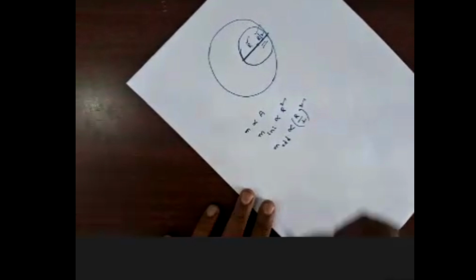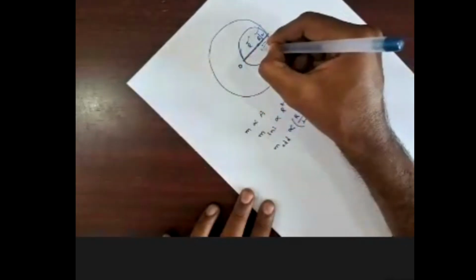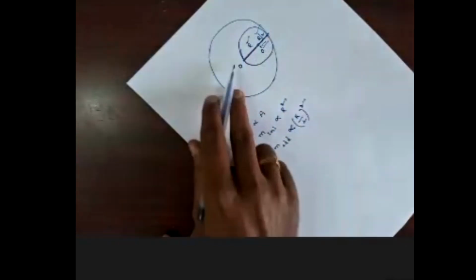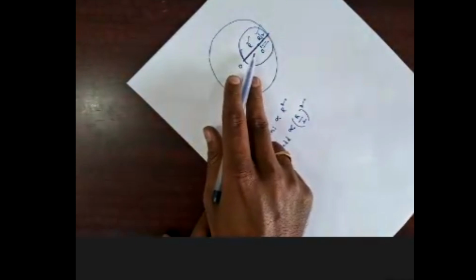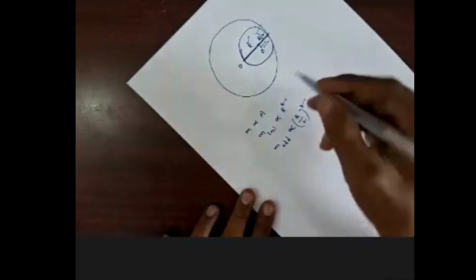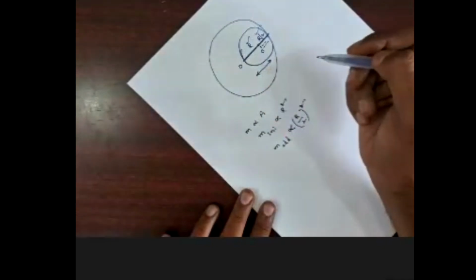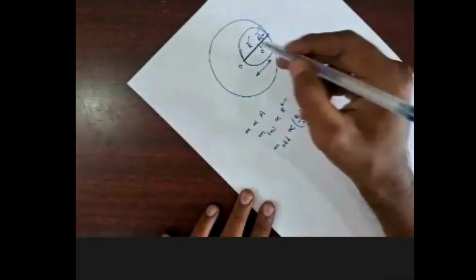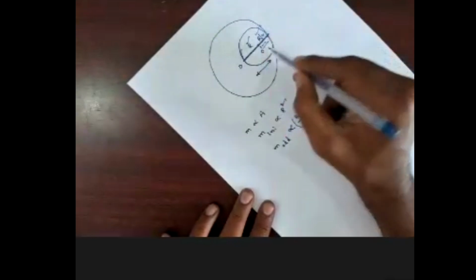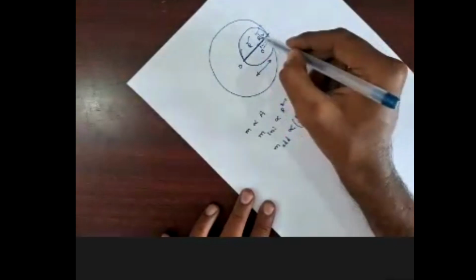Now I need to consider the shift in the center of mass. This is O and this is O dash. O is the initial center of mass, and O dash is the center of mass of the small circular plate. What is the distance between O and O dash? The radius of the small circular plate is R by 2, and that itself is the distance.